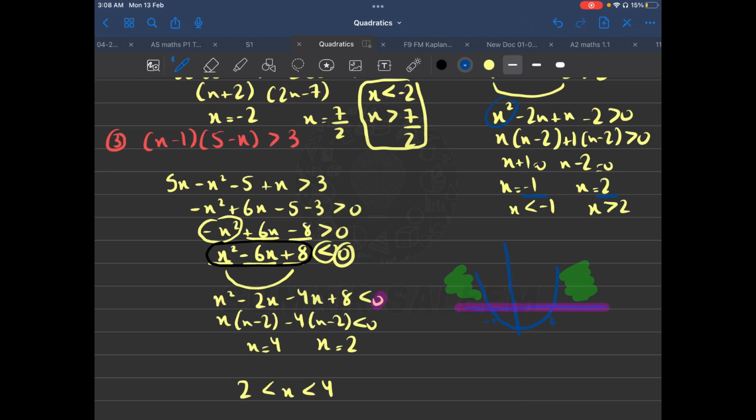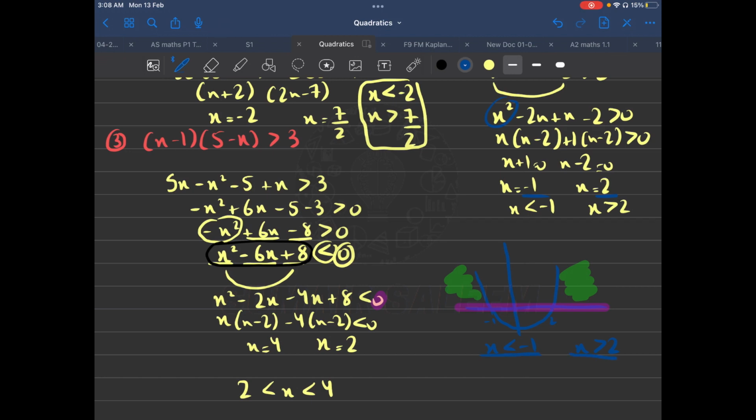So my answer will be x is less than minus 1 and greater than 2. Do you get this? So in less than, answer in range form with smaller value first, bigger value after. In greater than, less than the smaller value and greater than the bigger value.